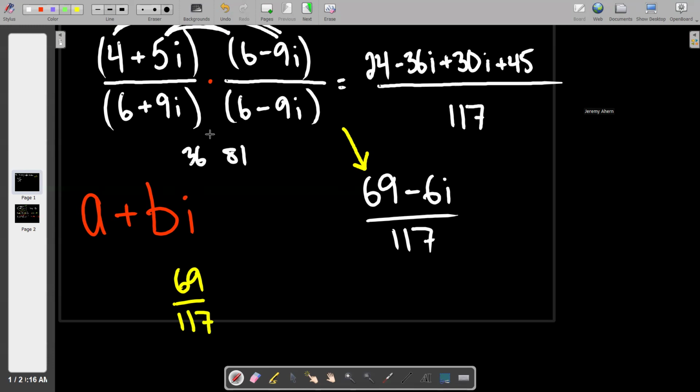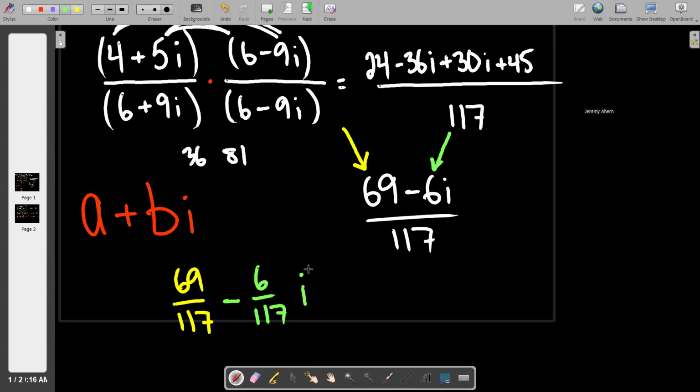And then the bi is going to come from the direction of the green arrow, which is going to be minus 6/117ths of i. We're not quite done, but be it known that oftentimes that will be the end of the problem. Because now we've done it. We made a plus bi. A is 69/117. B is negative 6/117.